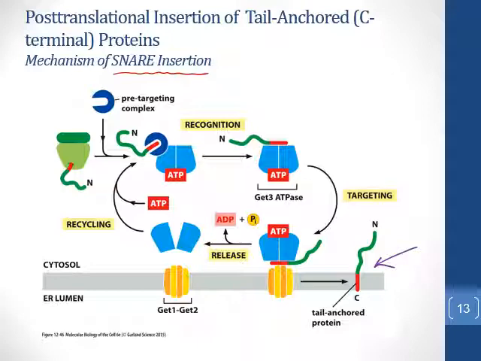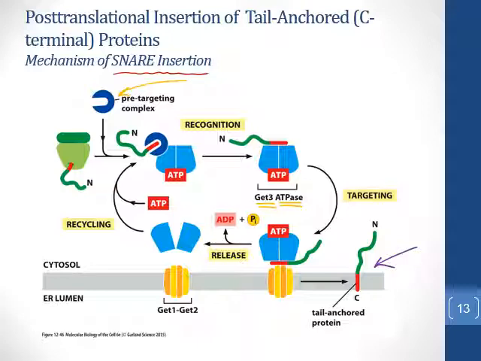But rather, when that carboxy terminal signal anchor is made, it's recognized by this thing called a pre-targeting complex. So this is a protein complex that will recognize that carboxy terminal domain. That pre-targeting complex will bind to another protein complex called GET3. GET3 is an ATPase, so it will bind and hydrolyze ATP. At this point, though, it doesn't hydrolyze the ATP.